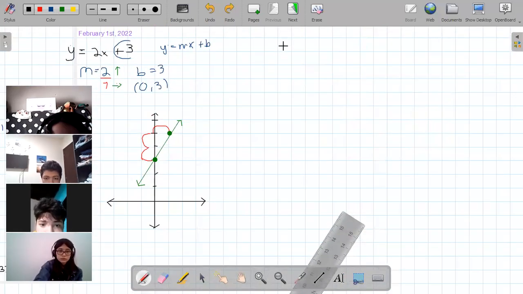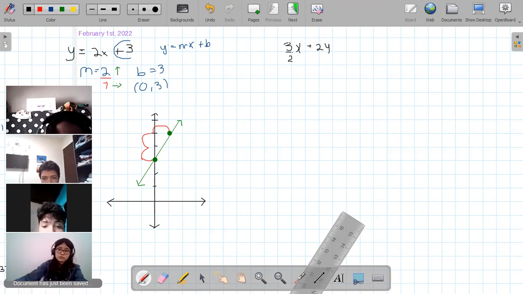So let's say that we got 3/2 x plus 2y is equal to 4.